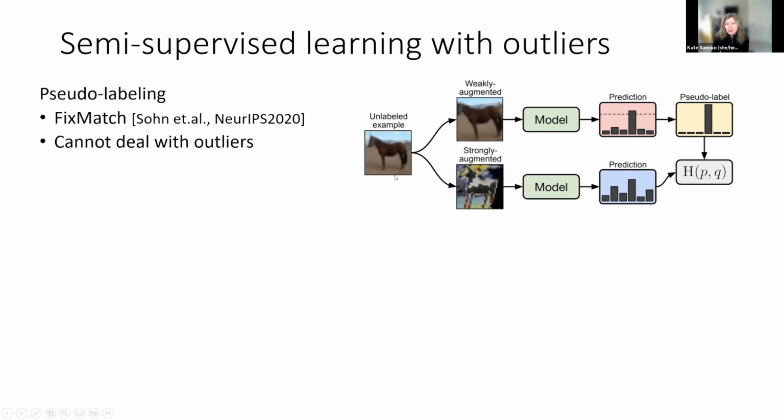It takes unlabeled samples, performs a weak augmentation and a strong augmentation, and then enforces consistency between predicted labels of the weakly augmented sample and the strongly augmented sample. But the problem with FixMatch is that it can't deal with the outlier classes that I was mentioning.